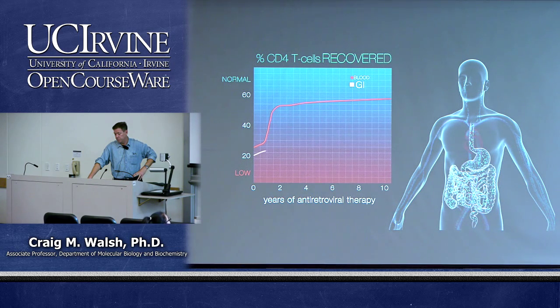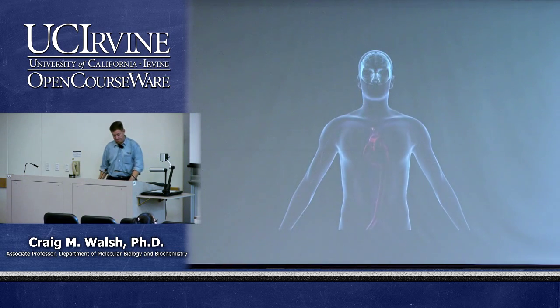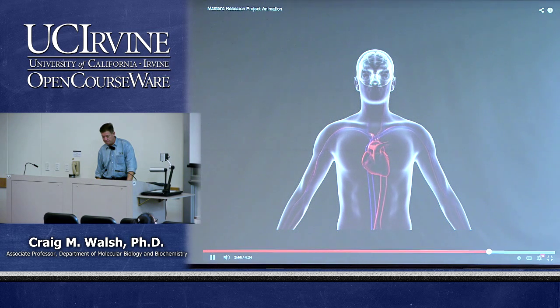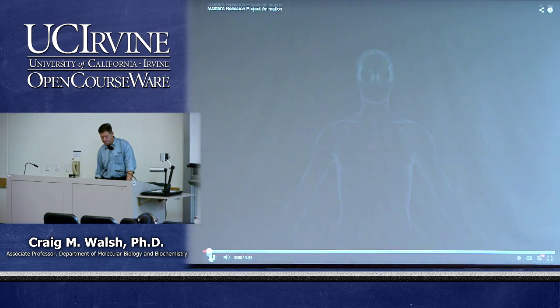However, its effect on gut CD4 T cells is much more delayed and incomplete. Reconstitution of gut CD4 T cells may take many years. This may be one reason why heart and neurological diseases remain a problem for HIV-infected individuals, despite antiretroviral therapy.